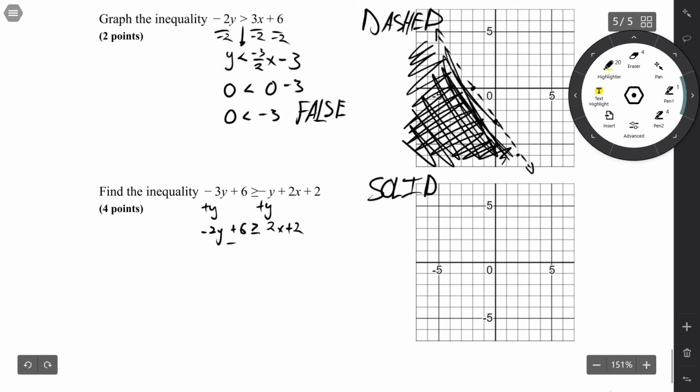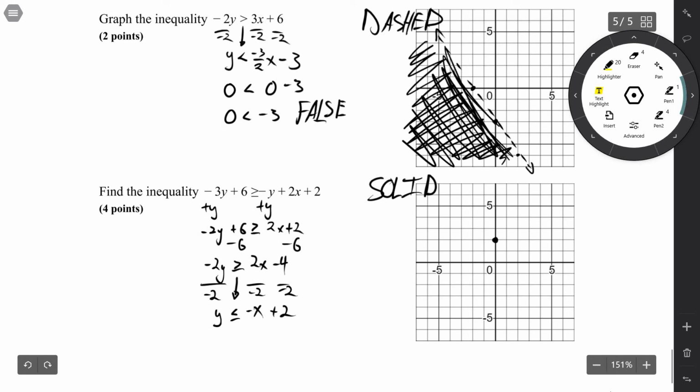I'll subtract 6 from each side, so negative 2y is greater than or equal to 2x minus 4. And then divide each side by negative 2, everything by negative 2. We would get y. And remember, this flips, less than or equal to negative x plus 2.